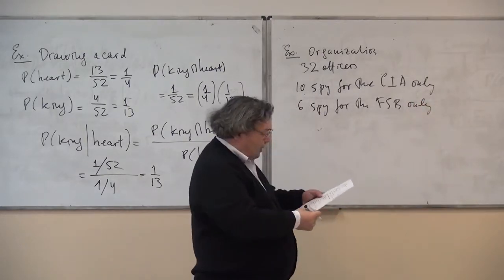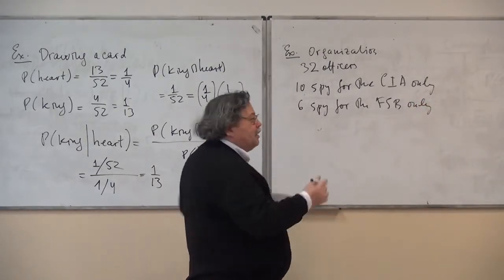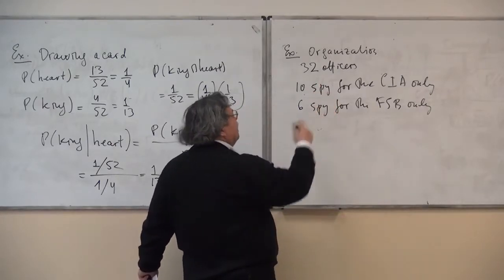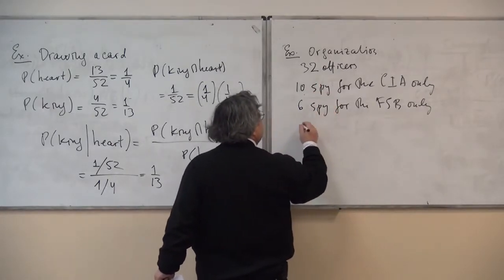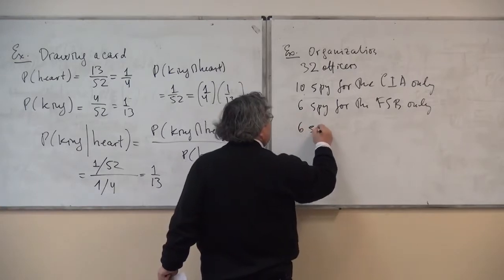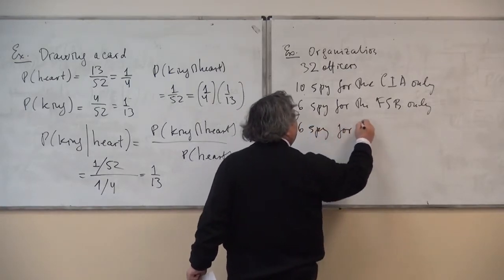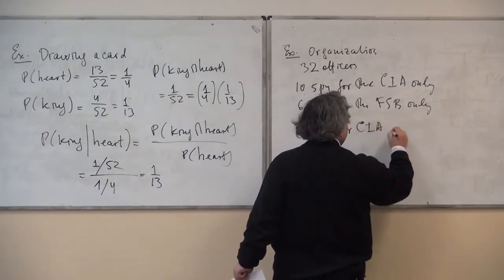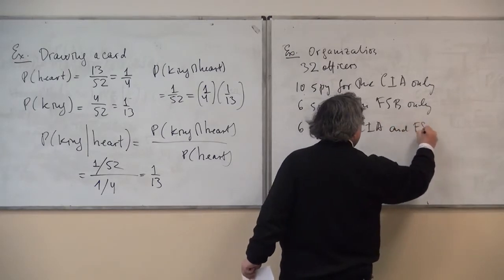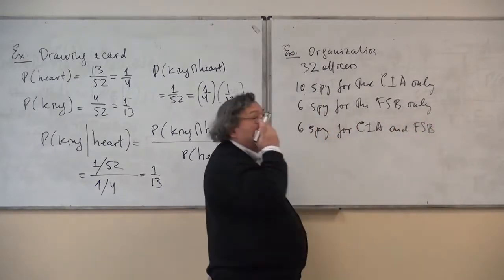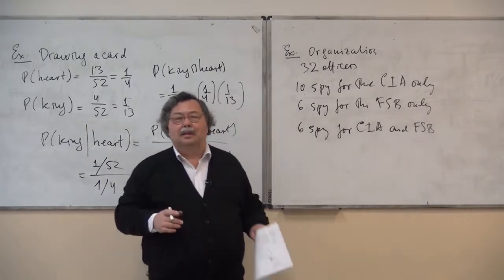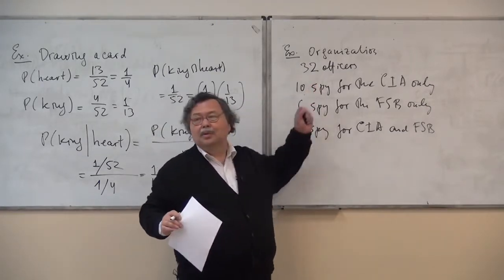Well, and also there are 6 double spies, 6 officers that spy for both intelligence agencies. So 6 spy for CIA and FSB. Now suppose we select one officer at random out of this total number of 32.